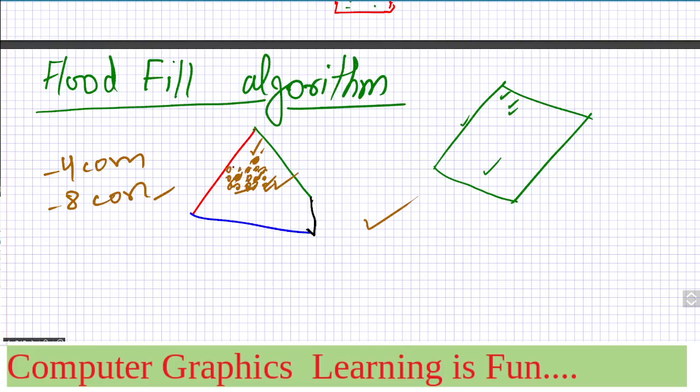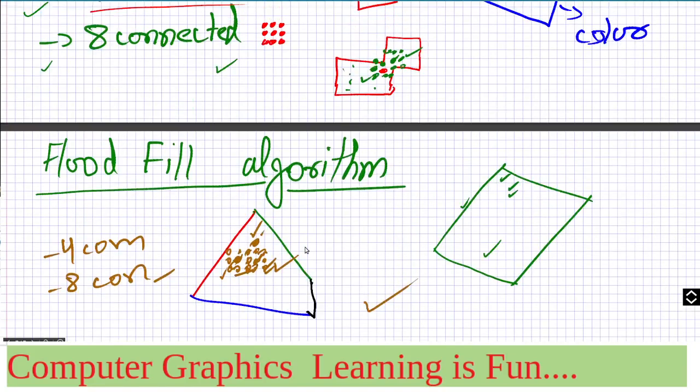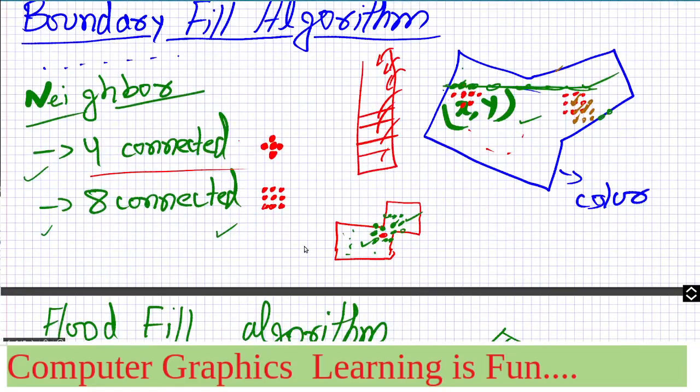If a neighboring pixel is not of the given color, you stop. If it was of the given interior color, then you replace it. That is what we do in flood fill. Very simple. So this is what we have seen about boundary fill algorithm and flood fill algorithm. Thank you.